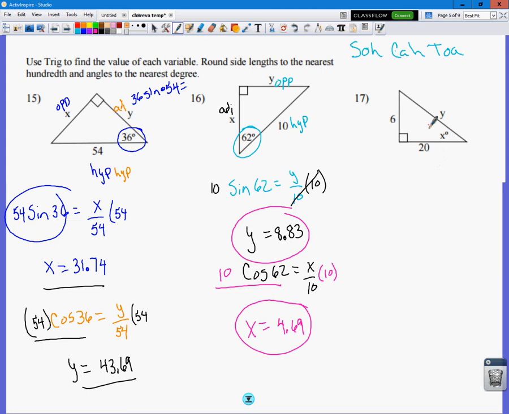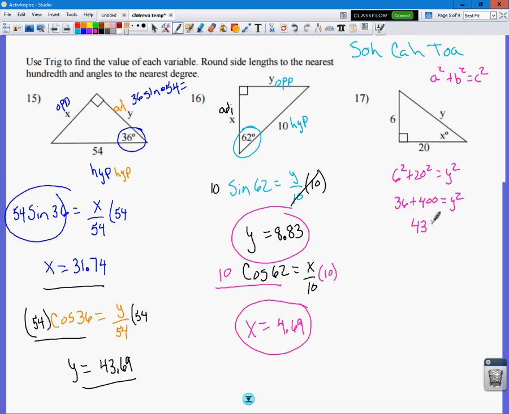Number 17 has a unique aspect in that they didn't give us one of the acute angles. So to find y, we are going to do what we did on the front side of this worksheet. We're going to do a squared plus b squared equals c squared. And remember that the y is across from the 90-degree angle. It's the hypotenuse, so it's the c side. 6 squared plus 20 squared is equal to y squared. 6 squared is 36. 20 squared is 400.